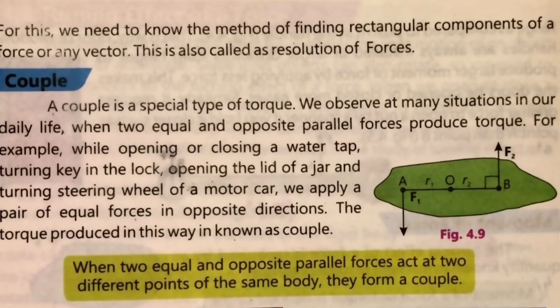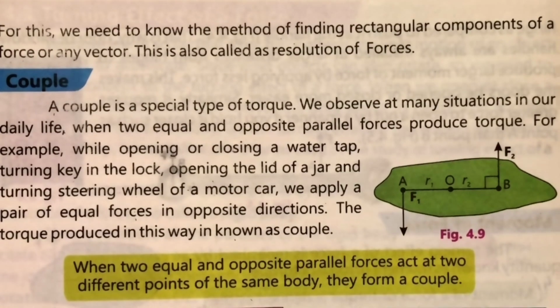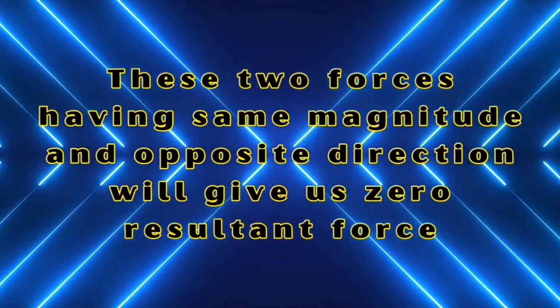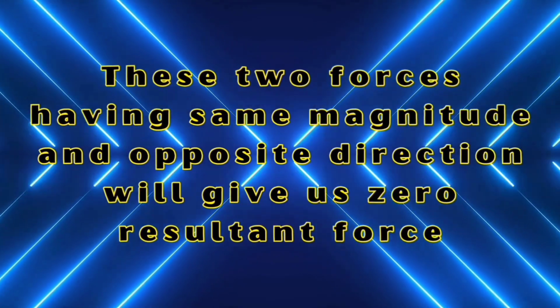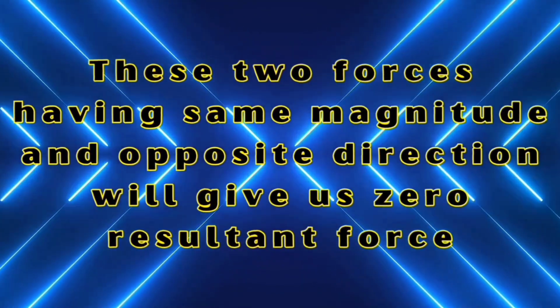Their sum will be 0 because they are in the opposite direction, but the object will rotate, as you can see the definition of the couple. Two equal and opposite parallel forces produce torque. These two forces having same magnitude and opposite direction will give us 0 resultant force.